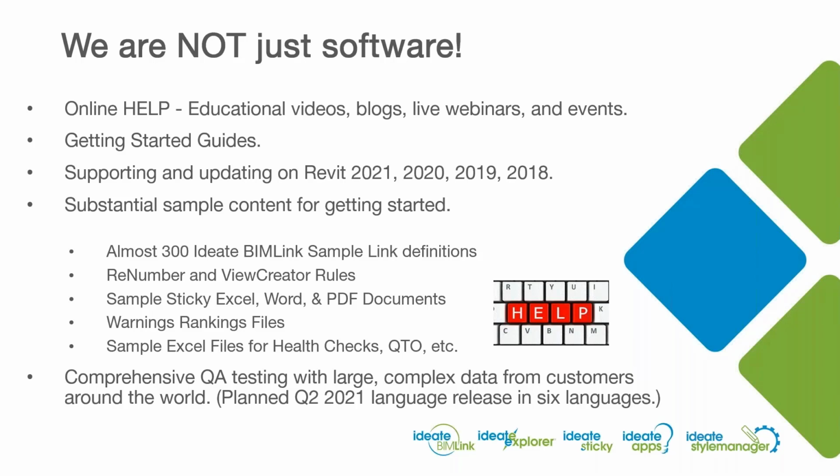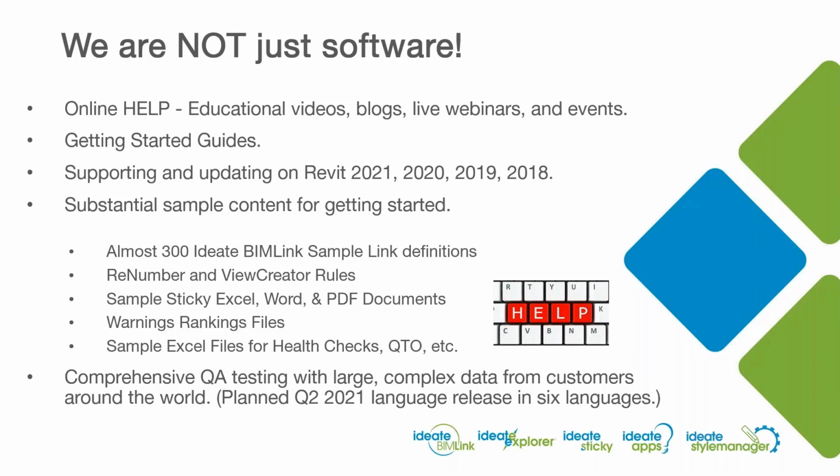And then with our software, we are delivering things to get you going very quickly. So with Ideate BIMLink, we deliver almost 300 sample BIMLink definitions to get you started. We have rules that we deliver for Renumber and View Creator.